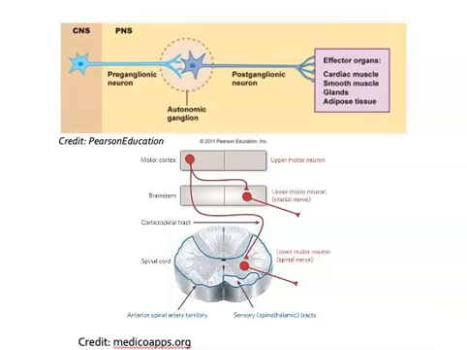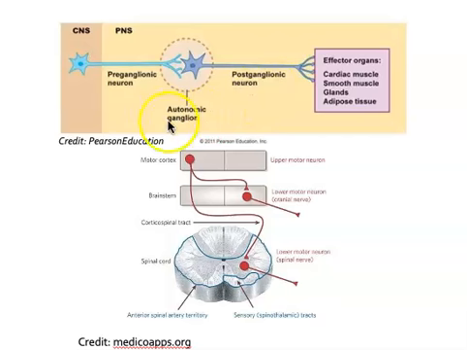Now, up at the top on this slide, you can see a comparison diagram to the autonomic division. So we're going to see a preganglionic neuron and a postganglionic neuron.